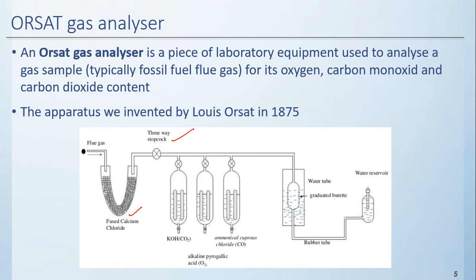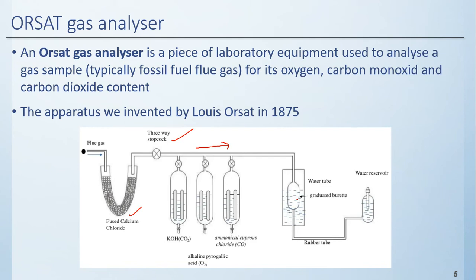You open the stopcock, and the gases reach the graduated burette, which is covered by a water jacket to maintain a constant temperature. So at present, your flue gas is in your graduated burette. The water jacket and water reservoir maintain a constant temperature outside your burette.